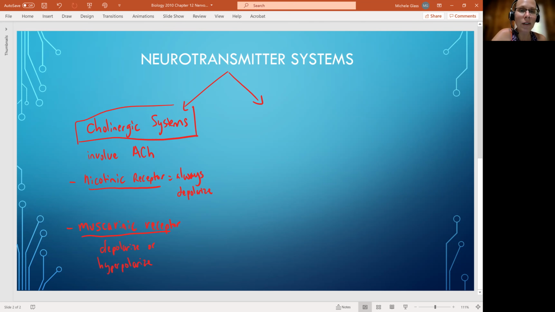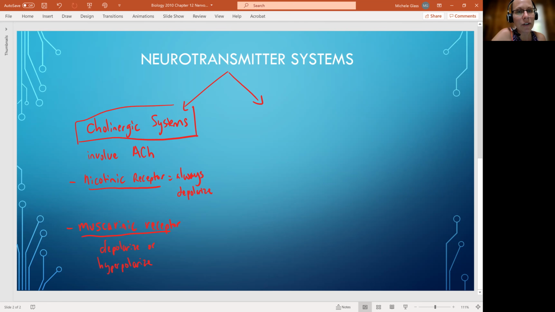So that means the cell is determining through its receptors what kind of neurotransmitters it can listen to and how it responds. So any cells that have nicotinic receptors are going to listen to acetylcholine and be stimulated by acetylcholine. But acetylcholine can then inhibit a cell that has a muscarinic receptor.